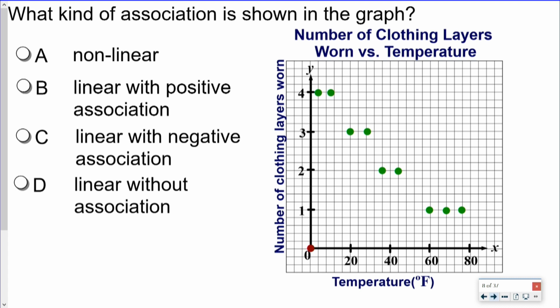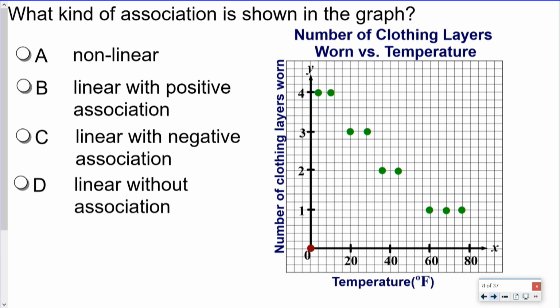As I analyze my graph, as the temperature increases from 20 degrees Fahrenheit to 80 degrees Fahrenheit, the items of clothing worn decreases from 4 to 1. If I look at the nature of it, it is definitely decreasing. So it's linear. It looks like a line. So that gets rid of A for us.